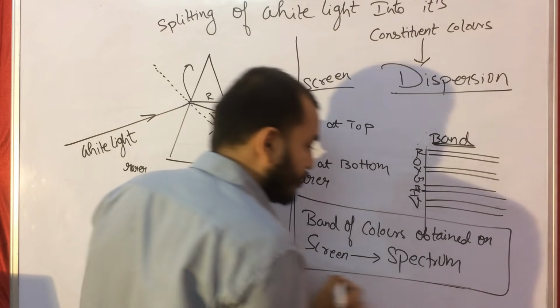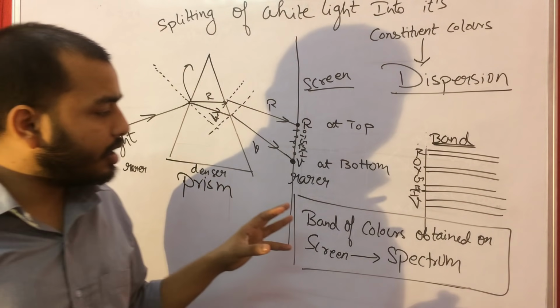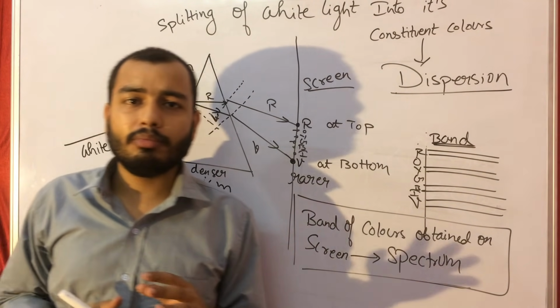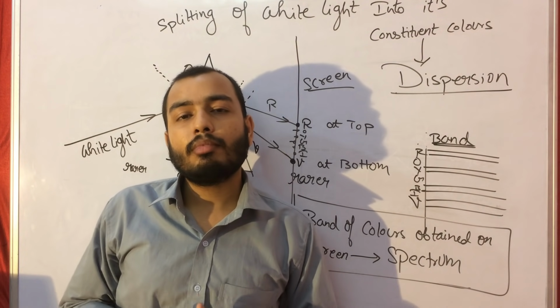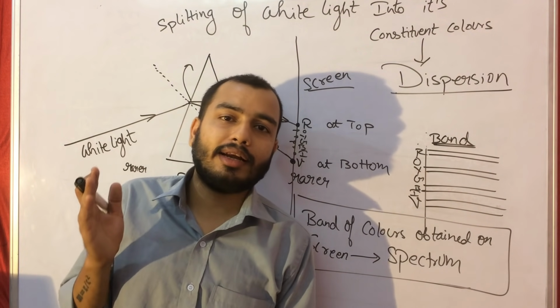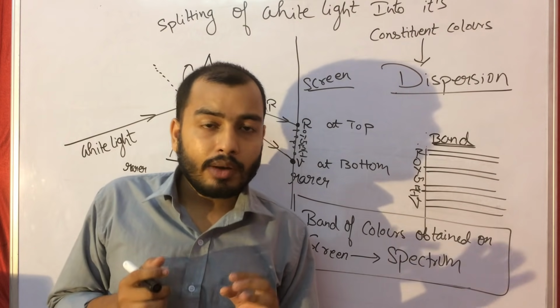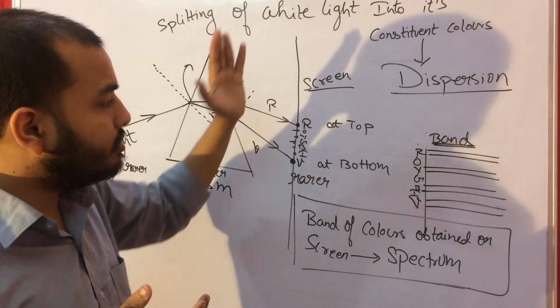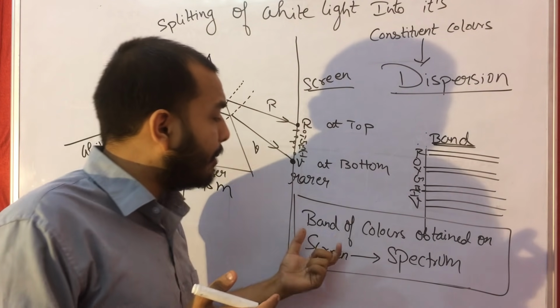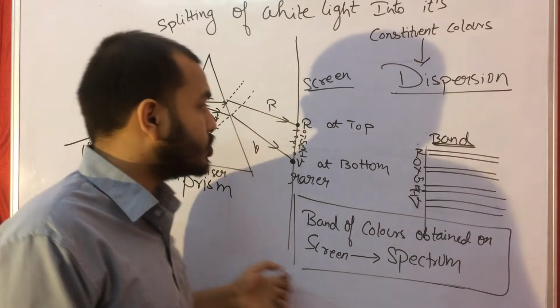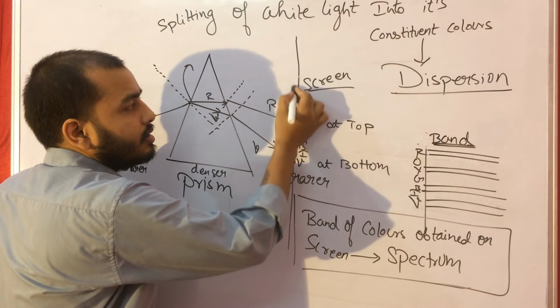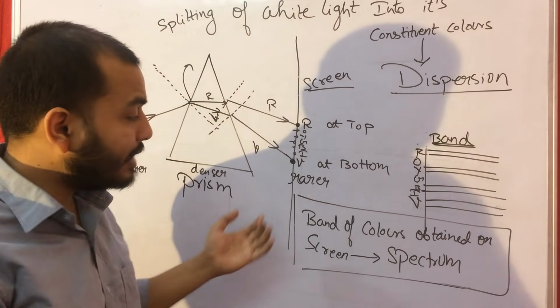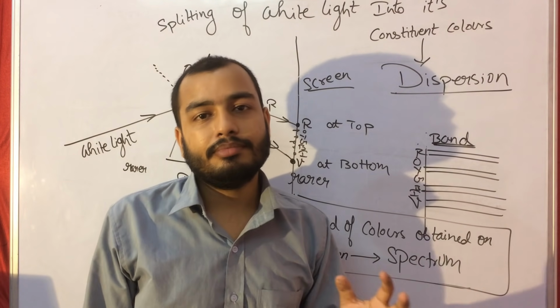So these are two technical terms you need to remember. What is dispersion? Dispersion is splitting of white light into 7 colors. And what is spectrum? Those 7 colors when they form a band of colors which is obtained on the screen, that band is called spectrum.